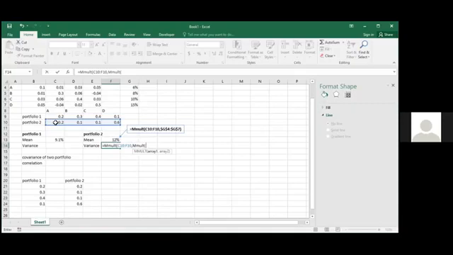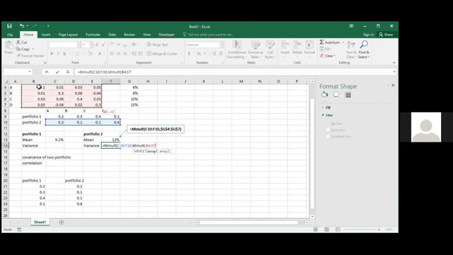Then array 2: array 2 indicates here the variance covariance matrix. Then between B4 to E7, B4 to E7.